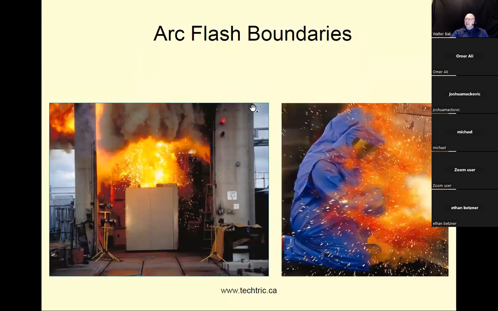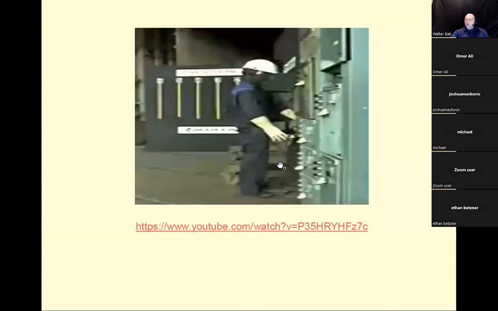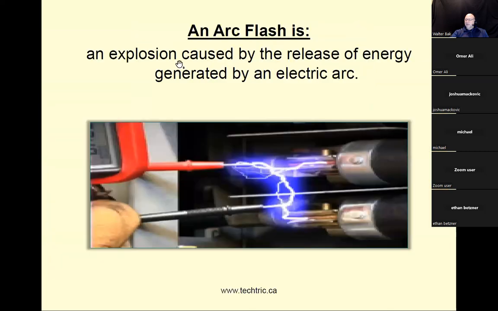So arc flash and boundaries. All right, so we get a little bit of visual of what arc flash is. Here are a couple of images of arc flash as well. So let's just see some of the definitions here.